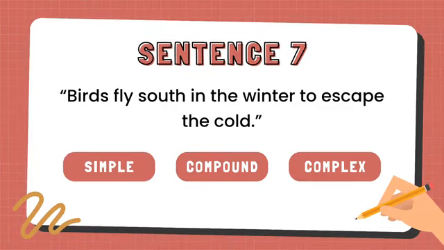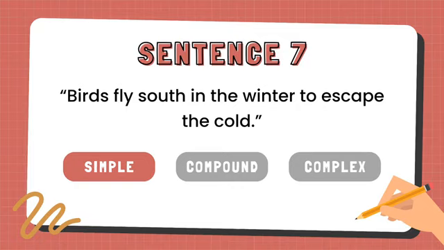Another example we have here is birds fly south in the winter to escape the cold. Is it a simple sentence or a compound sentence? Birds fly south in the winter to escape the cold is a simple sentence. Remember we said that a simple sentence is made up of a single thought and contains a single independent clause.